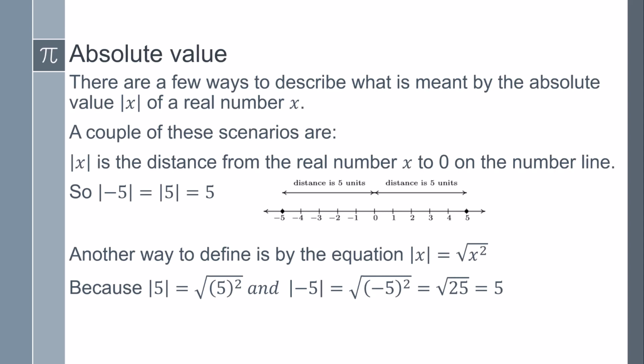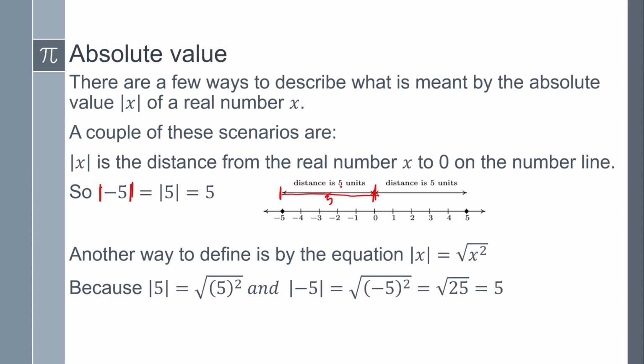Now there's a few ways to describe what is meant by the absolute value of x, of any real number x. The first means if you have the absolute value, it means what is the distance from 0. So the absolute value of -5, we're saying what's the distance from -5 to 0?